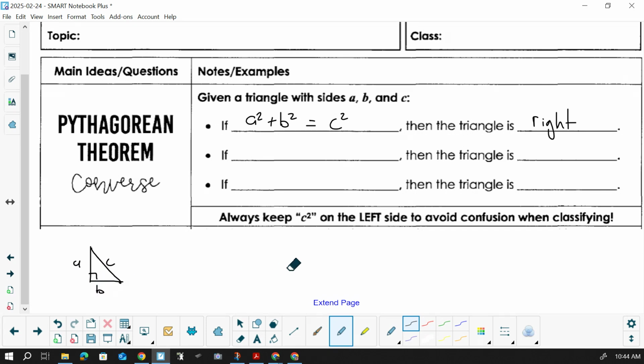Now what would happen if you did the a, the b, and the c, a squared plus b squared, but the c squared wasn't as big as it needed to be? That means a squared plus b squared is bigger than c squared. So that would look something like this.